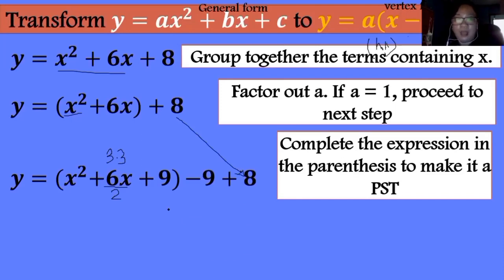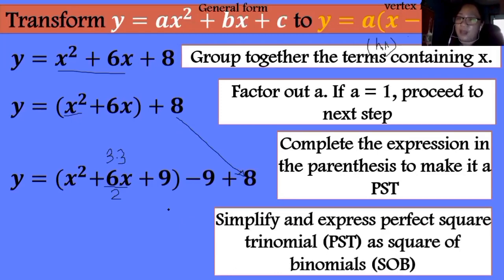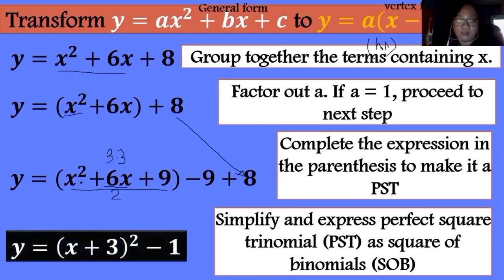Next, simplify and express the perfect square trinomial, a PST, as a square of binomials, SOB. So in this trinomial, we're going to express this as an SOB. How do we do that? The square root of x squared is x. Copy the sign of the second term, then get the square root of the last term.